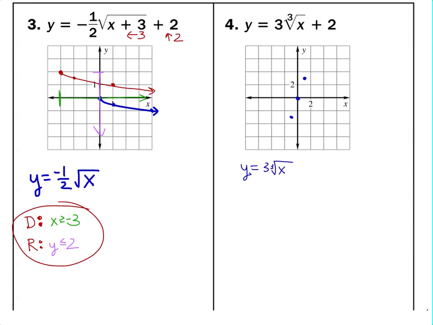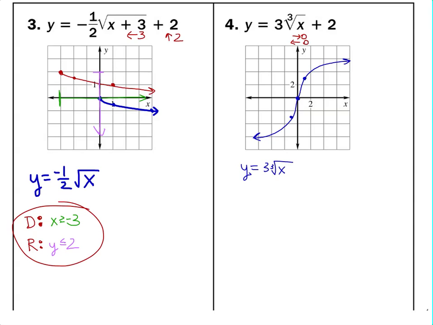And then you can go ahead and make the general S shape of a cube root graph. But for this one, there's nothing additional underneath that radical, so it moves right 0, or I suppose if you wanted left 0. The point is it doesn't move left or right at all.